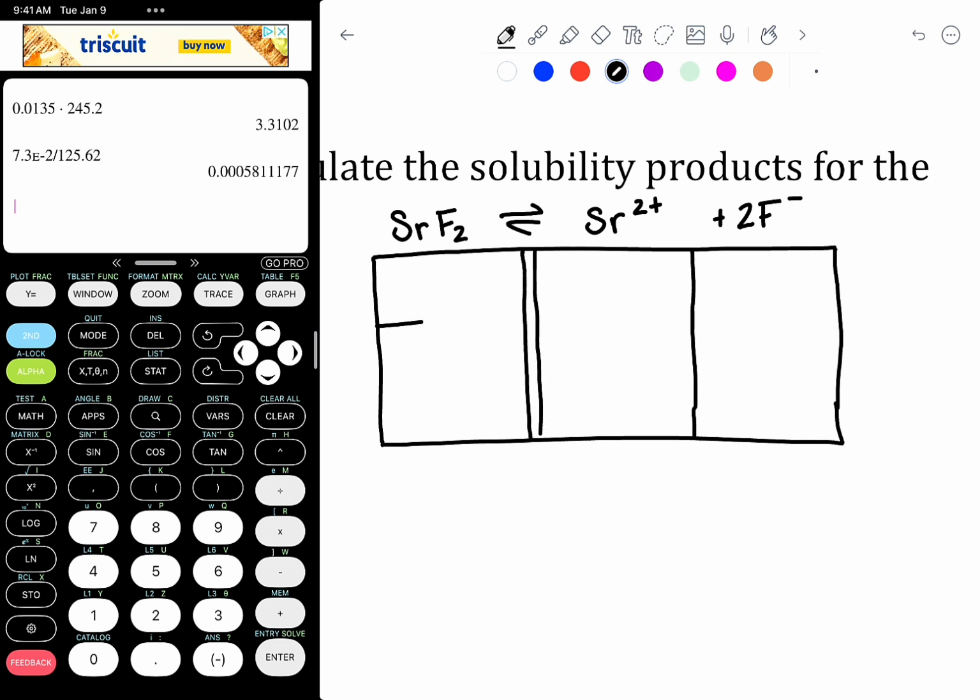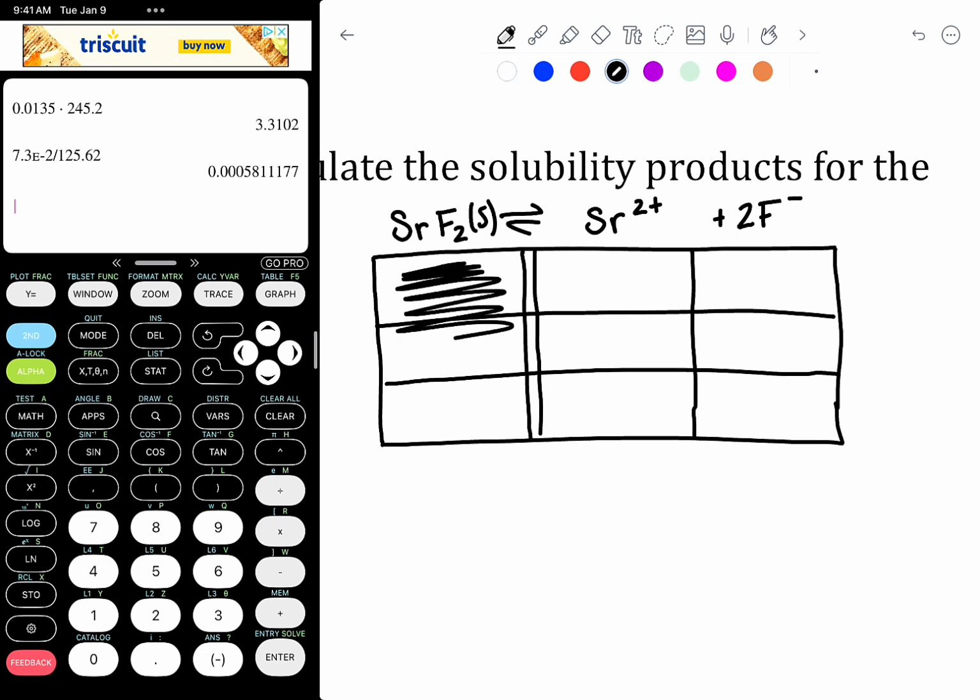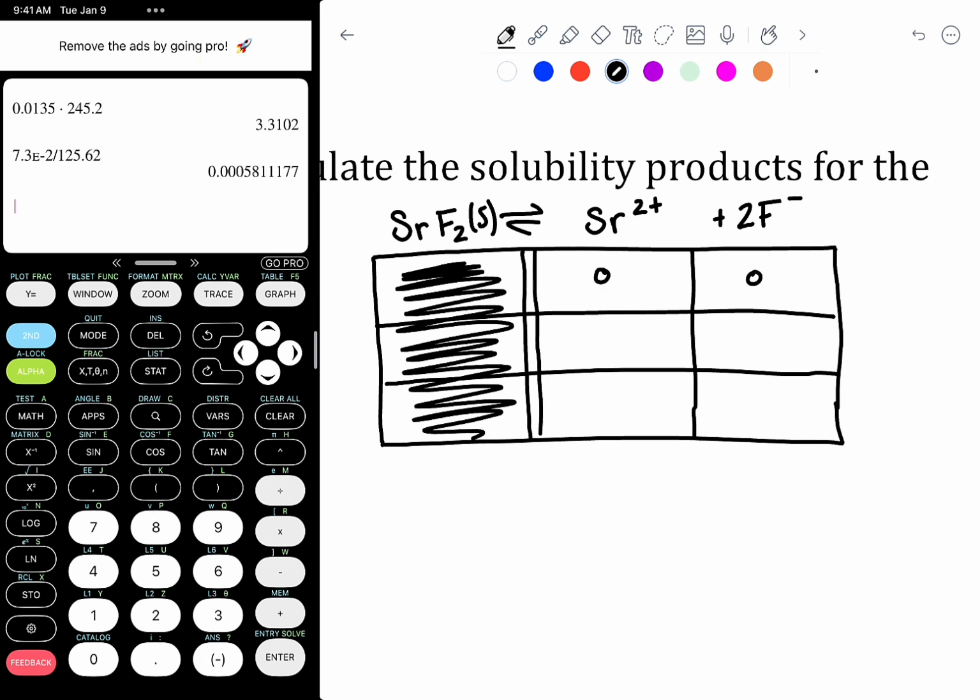Again, we can ignore our first column because that's a solid. Our initial concentrations of our two ions is 0, and it's going to increase by a factor of x and a factor of 2x. So we get here that it's going to be x and 2x.